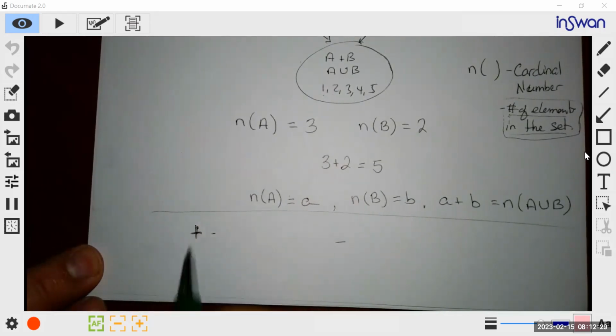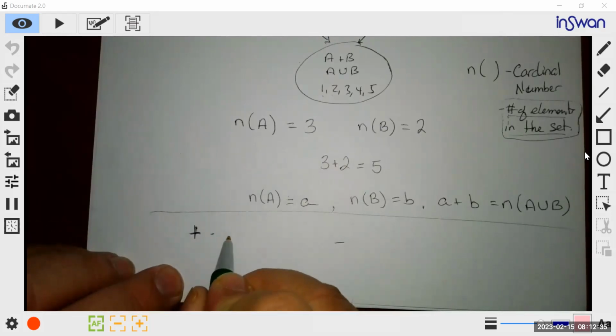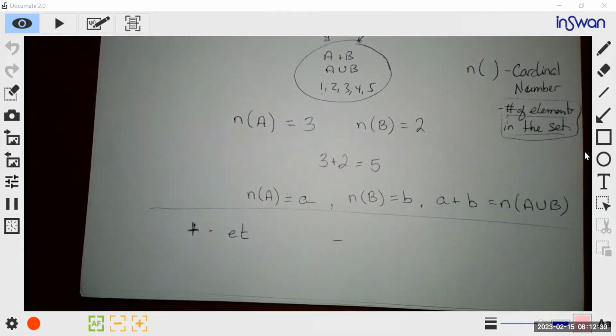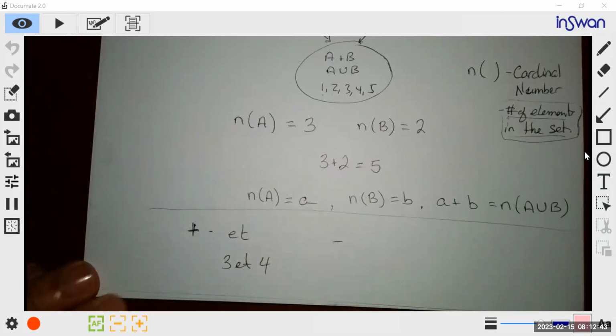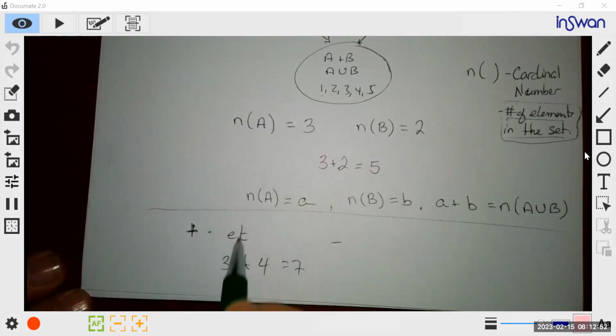This symbol here was a shortcut for a French word, et. 3, 4. That means 3 and 4 is 7. So instead of making that, they just took the T and condensed it. That's where the plus sign came from.